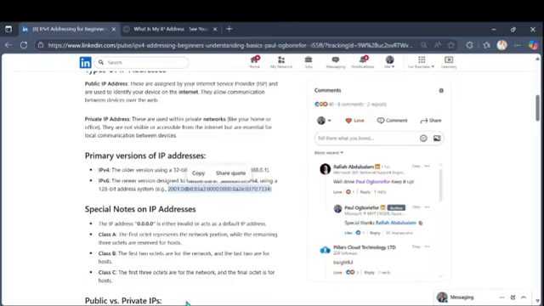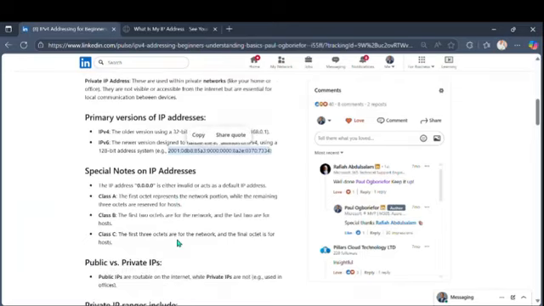So there's a special note here. We haven't gotten to the part of calculation, and we'll just do that briefly. A special note: we have the IP address 0.0.0.0, which is either invalid or acts as a default IP address. Then we have the class A. Now, in class A, the first octet represents the network, while the remaining 3 octets are reserved for host.